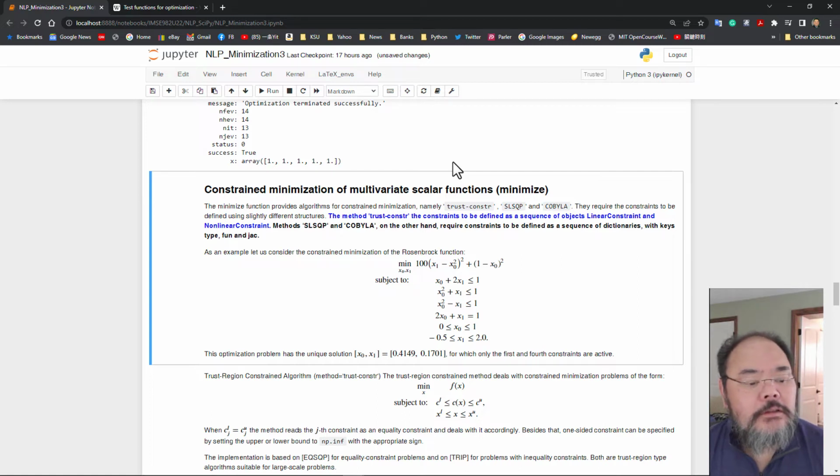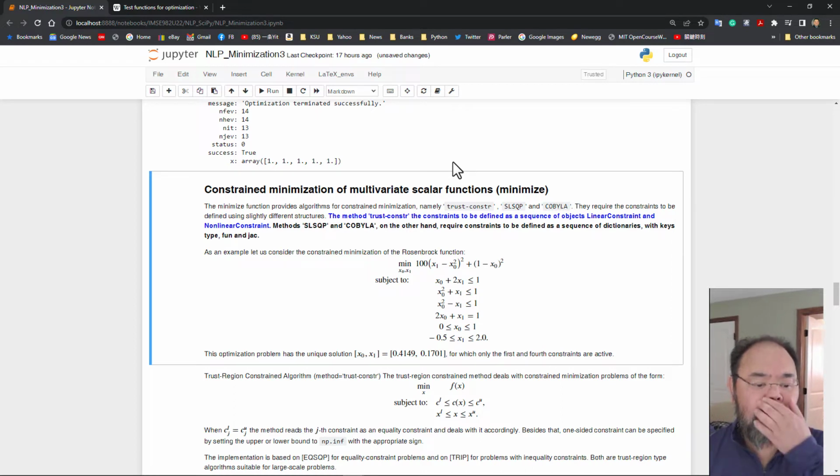However, the sequential least squares quadratic programming algorithm and COBYLA, the linear approximation algorithm, require their constraints to be defined as a sequence of dictionaries with a key type, function, and Jacobian function.